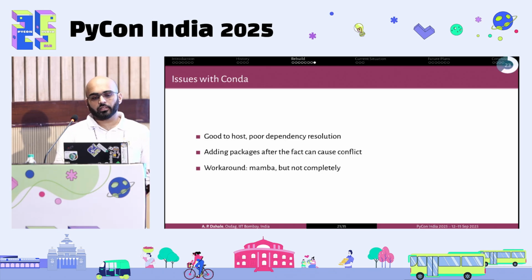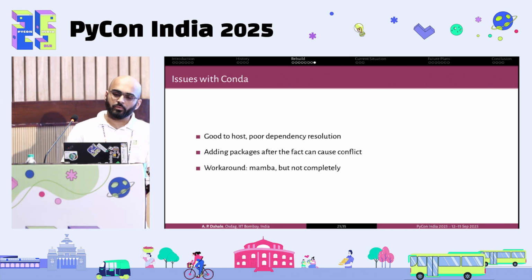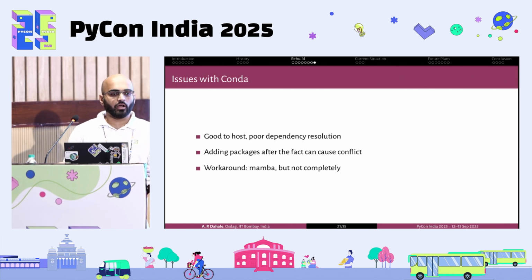So that's basically it. Now we were able to run through conda maybe 75% of the time. The other 25% of the time, we'd install half the dependencies, and then when we tried to install Osdag, it would cause some conflict.